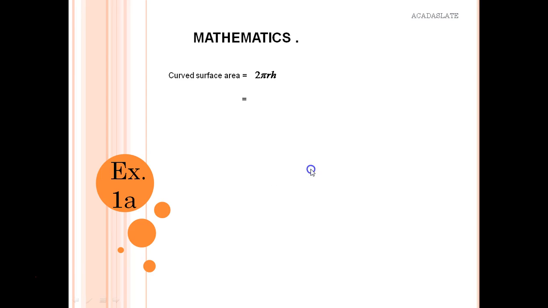Now, what is the curved surface area? From our illustration before, you see that the curved surface area of a cylinder is 2 pi rh, which is the base circumference times height. Simplifying further, we have 2 times 22/7, which represents pi, times r, which is the radius of the circular base of the cylinder, times h, which is the vertical height.